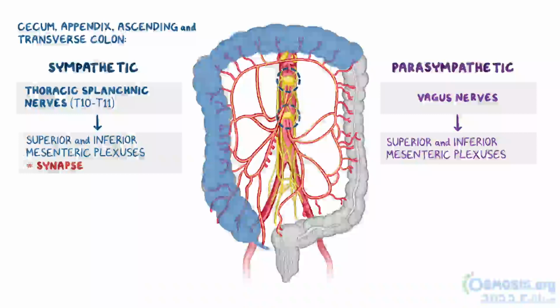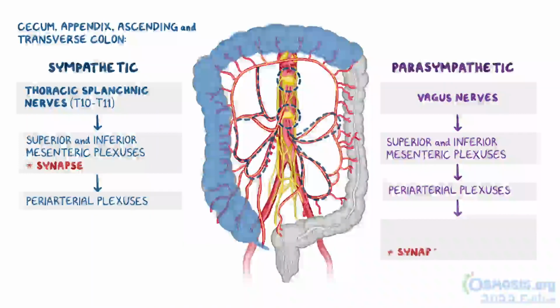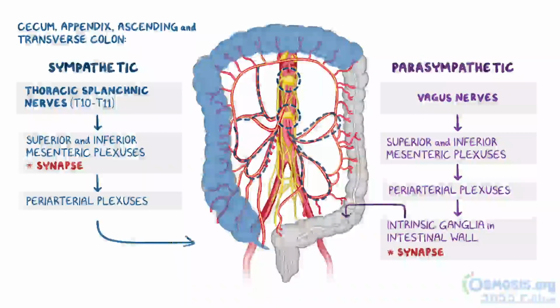Then, both of these nerve pathways pass through to the periarterial plexuses, where the parasympathetic fibers will eventually synapse to their postsynaptic fibers through intrinsic ganglia located within the intestinal walls. After synapsing in their respective ganglia, both nerve pathways eventually go on to innervate the cecum, appendix, ascending, and transverse colon.